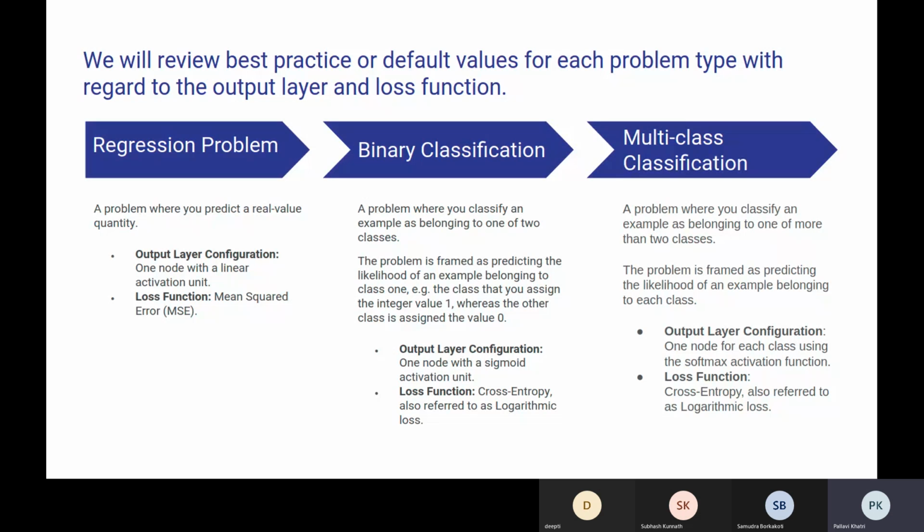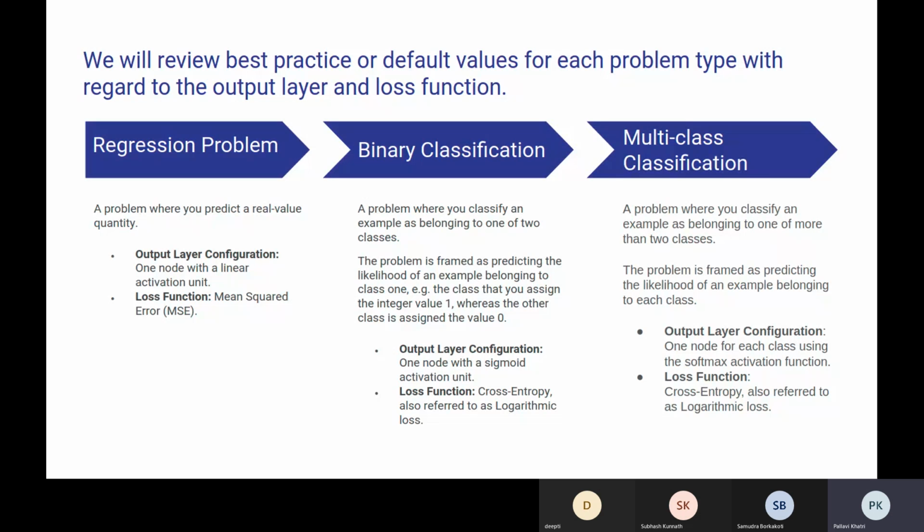So in a regression problem, there is a configuration of the output layer and the loss function, and the relation between them, which is used by default or followed as best practice.